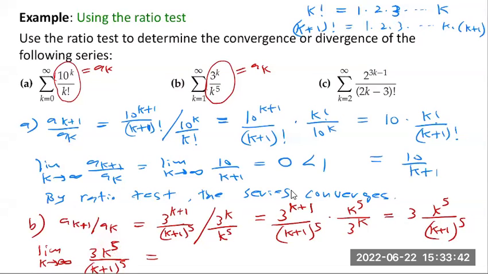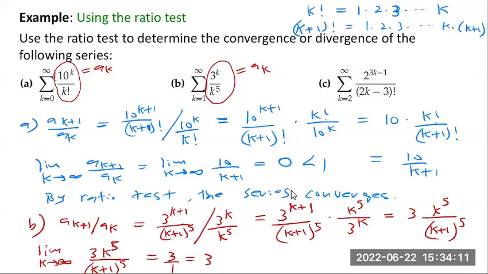Then what would be the limit? The limit is just the ratio between the coefficient of the highest degree term in the top and the coefficient of the highest degree term in the bottom. What is the coefficient of the highest degree term in the bottom if you expand this? It is just going to be k to the power 5, right? So the answer is 3 over 1, which is 3. So this limit is 3.